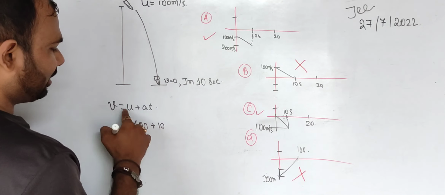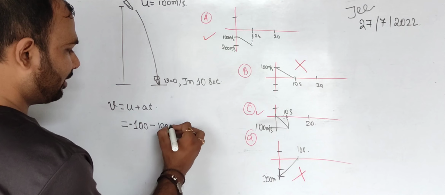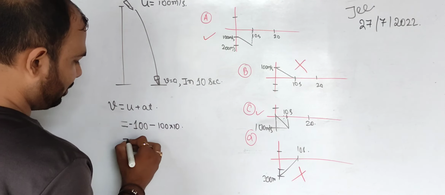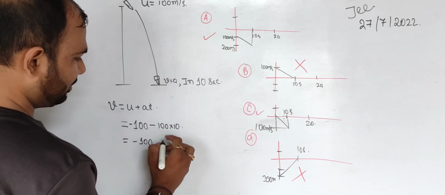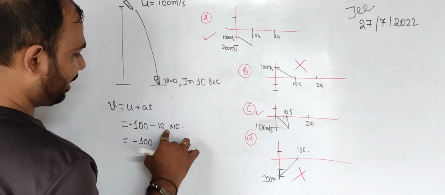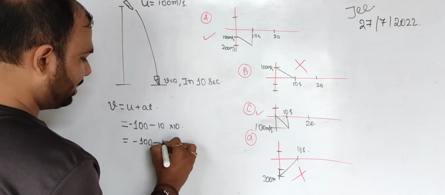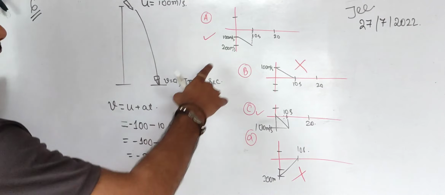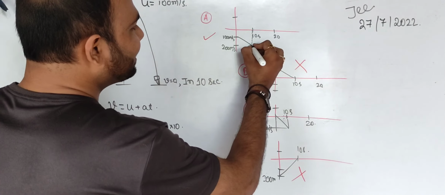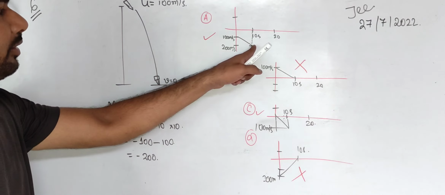Okay, minus 100 meter per second and minus 10 into 10 seconds. So gravity is 10 and time is 10, and the multiplication will be 100. Minus 100 minus 100 is minus 200. So minus 200 is the final velocity before touching the ground.